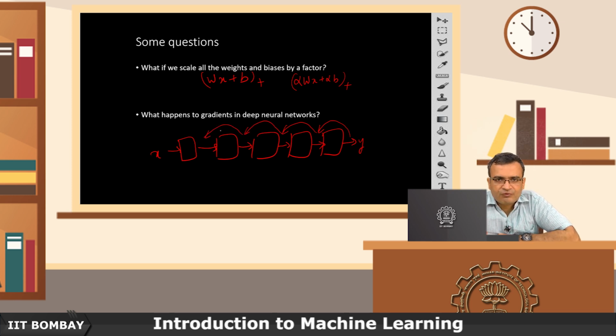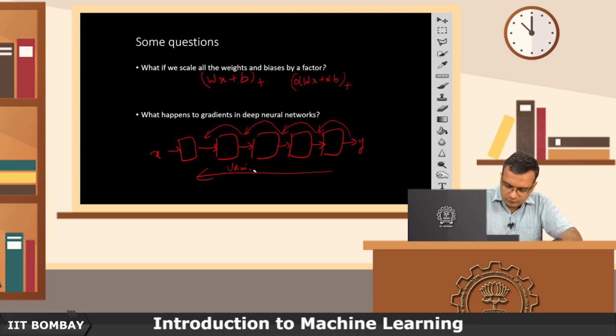So what happens if on average this multiplication of W is greater than 1 or less than 1? If it is consistently less than 1, then these gradients coming back will become very, very small, so we can have vanishing gradients.